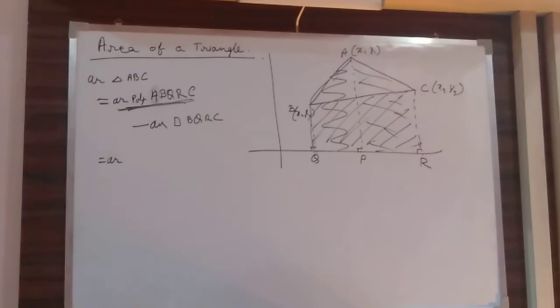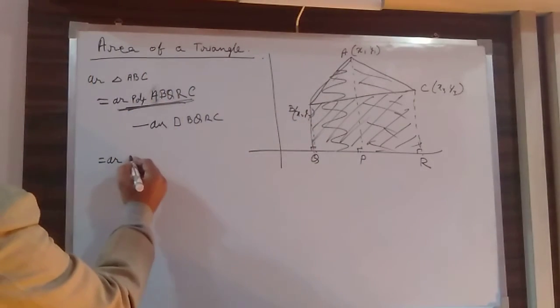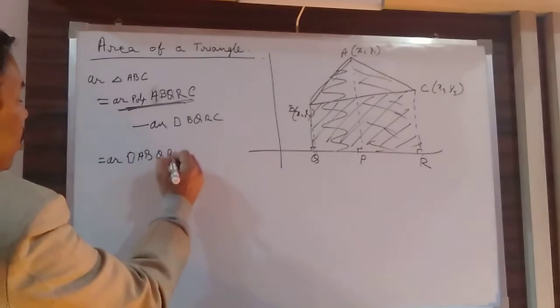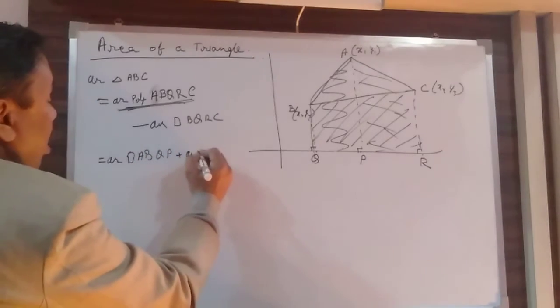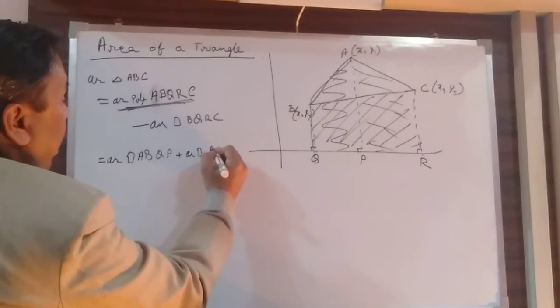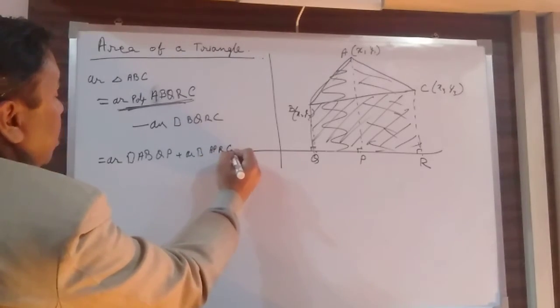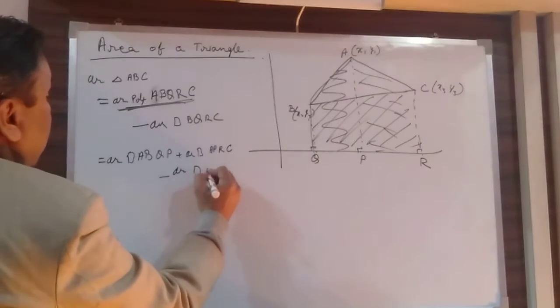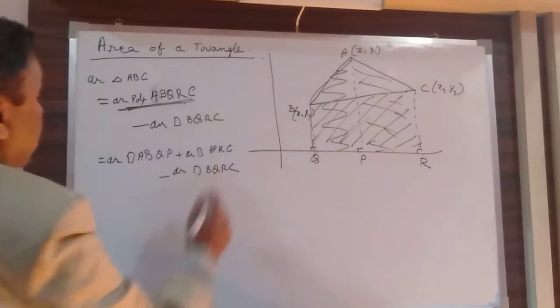So it will be equal to the area of quadrilateral ABQP plus the area of quadrilateral APRC, and then minus the area of quadrilateral BQRC.